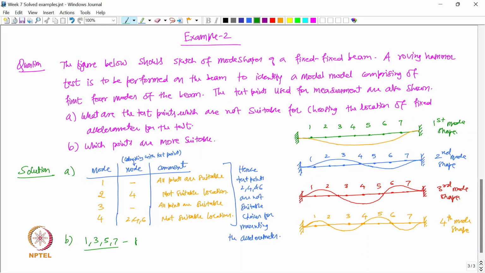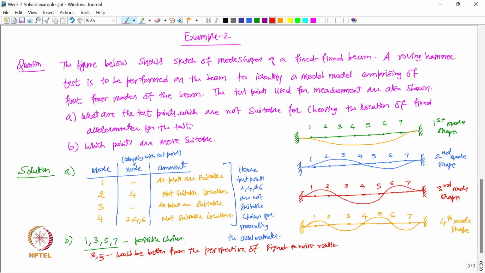These are the possible choices, and among them, points 3 and 5 would be better from the perspective of signal to noise ratio, right.